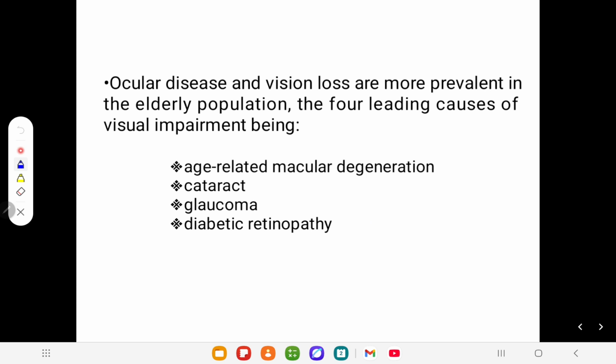Ocular disease and vision loss are more prevalent in the older population, and four of the leading causes of visual impairment are these: macular degeneration, cataract, glaucoma, and diabetic retinopathy. These four major causes differ from country to country.